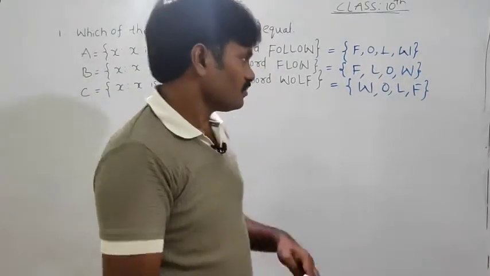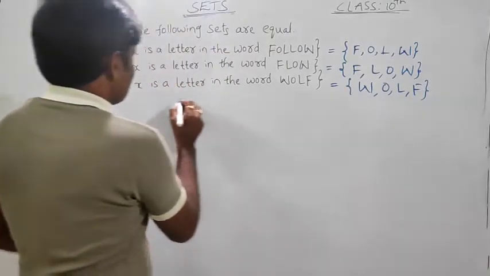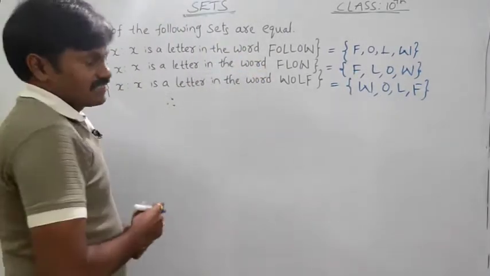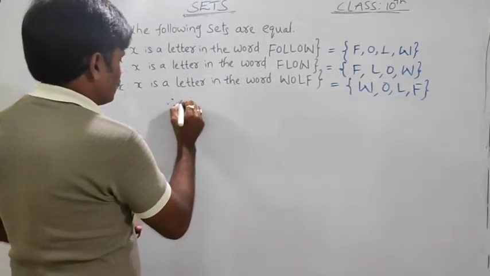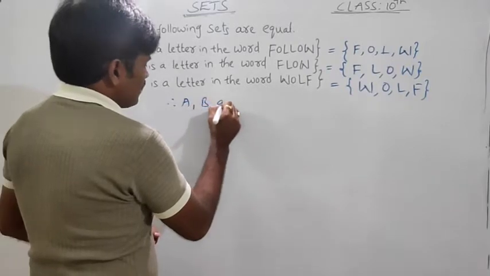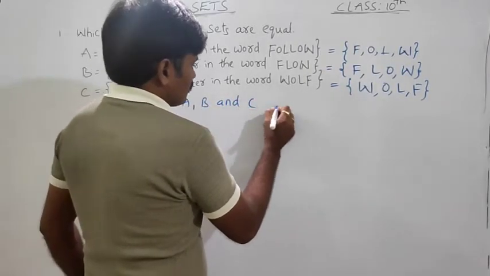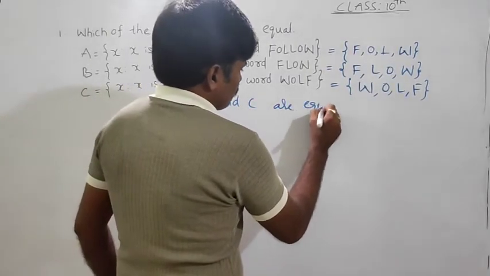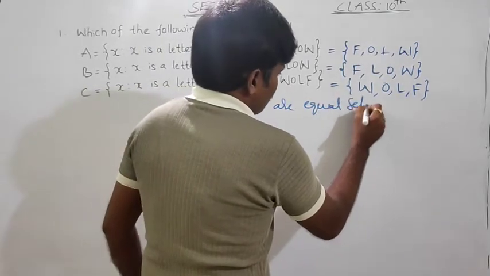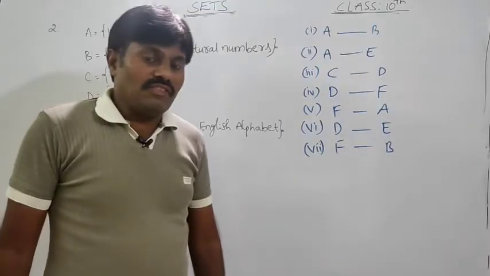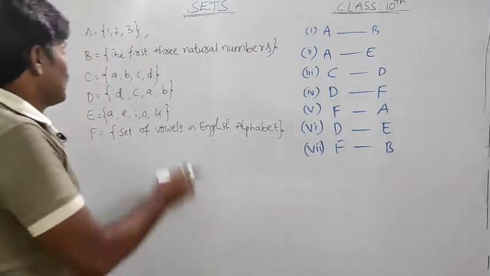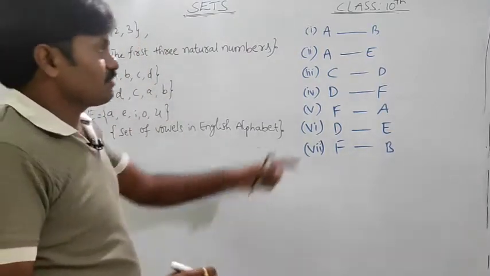So can you say whether these sets are equal or not? Yes, so these A, B and C sets are equal sets.